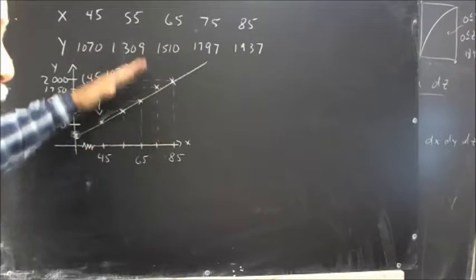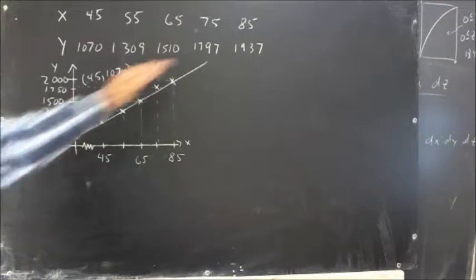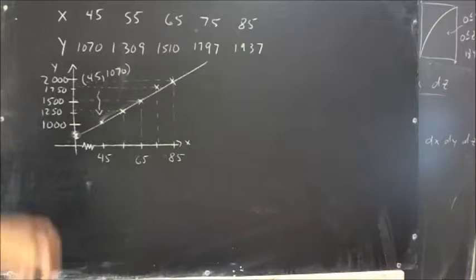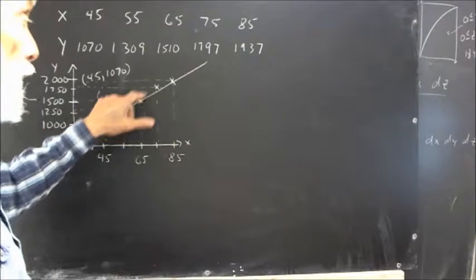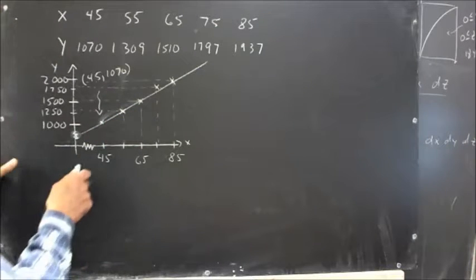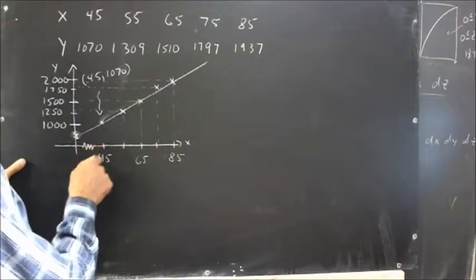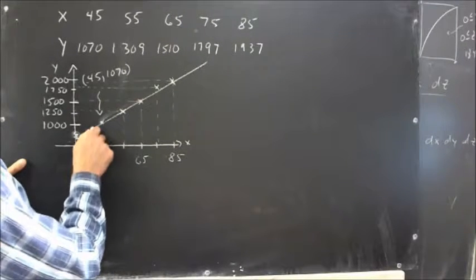Maybe it all raises up by the same amount. Maybe I change the slope by a little bit. But this is reasonable. Now, it says use 2 points on the line. We don't assume that any of the data points are on the line. We pick 2 points on the line. So I'm going to say, let's say, if 45 is here, I think we can squeeze in 40 right here.